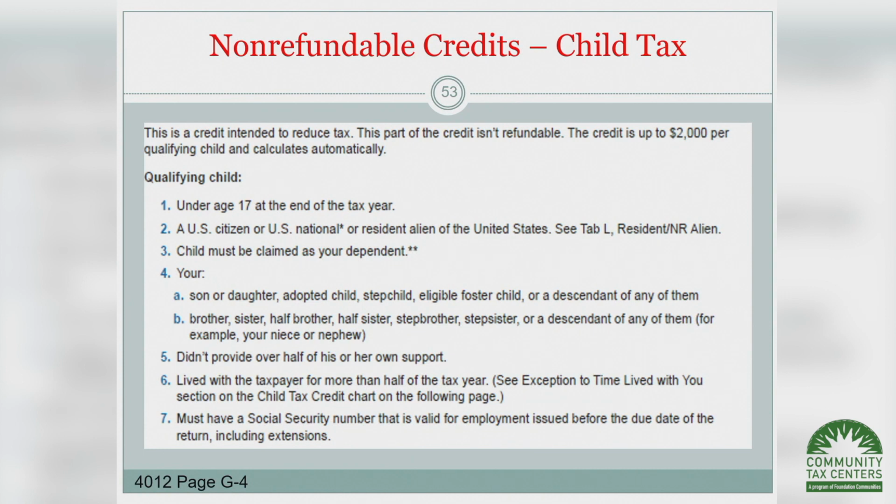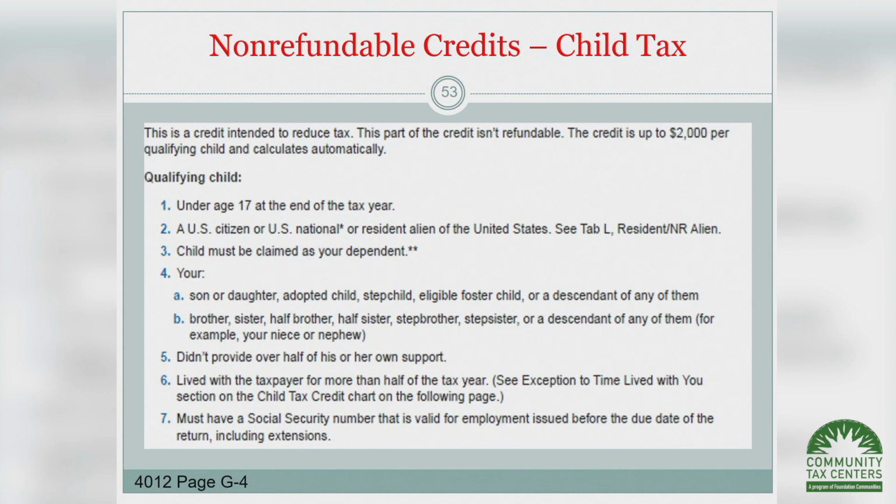Part of the child tax credit can be a refundable portion, and we will talk about that when we get to refundable credits. But the dependent care credit, none of it is refundable. For the child tax credit, a portion of it could be refundable. But you don't have to worry about it. The program is going to figure it out based on the information that you input into the system.